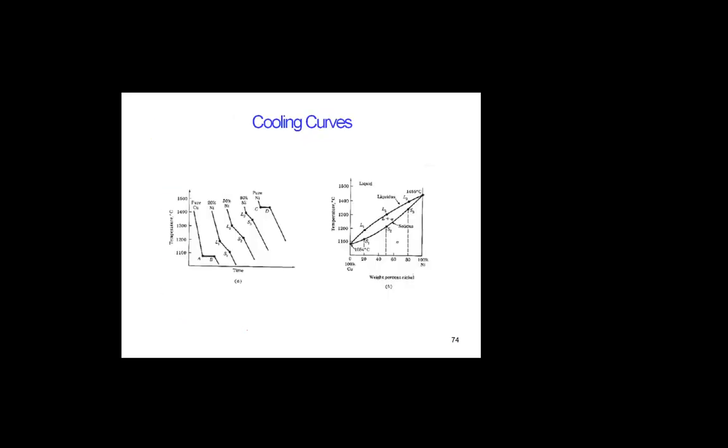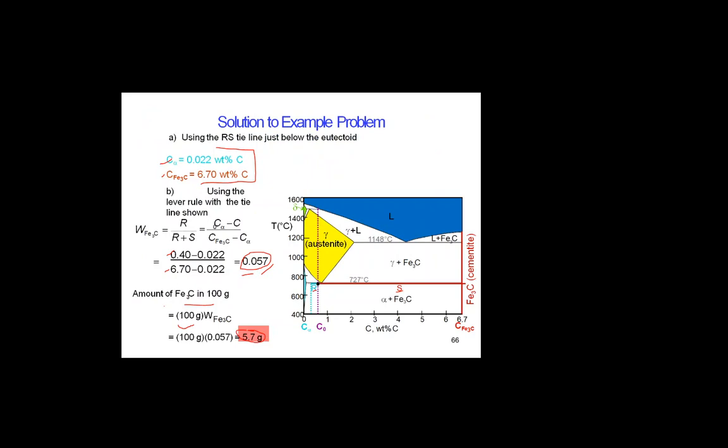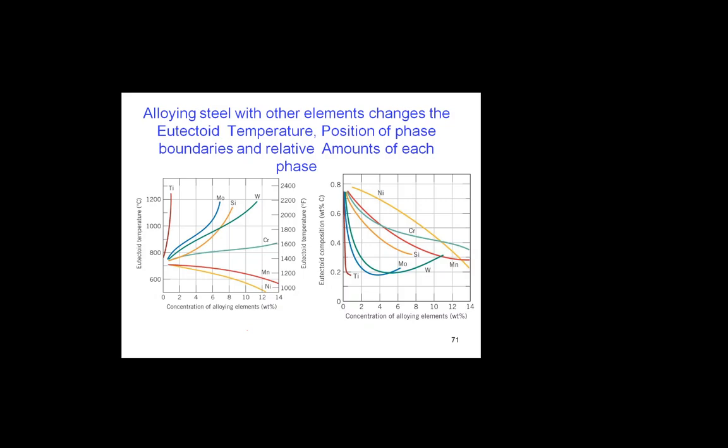This is just a detail of the iron carbon alloy system, how these systems work. And another kind of cooling system is happening here, as you can see: alloying steel with other elements changes the eutectoid temperature, the position of the phase boundaries, and the relative amount of each phase when the alloying elements are combined with other materials.